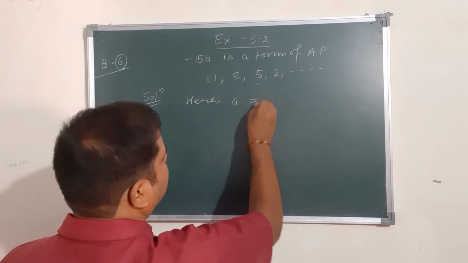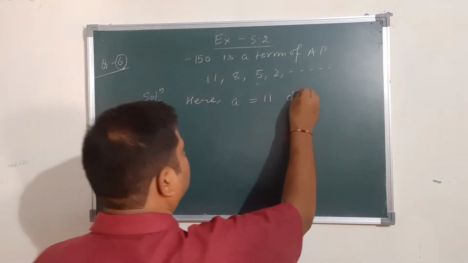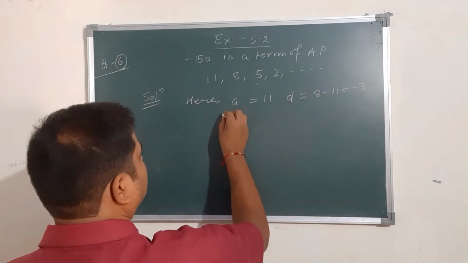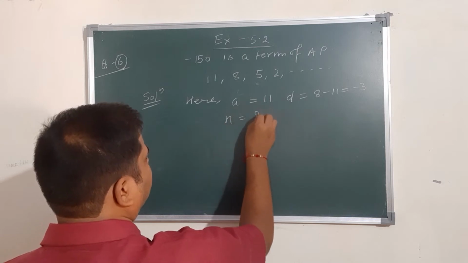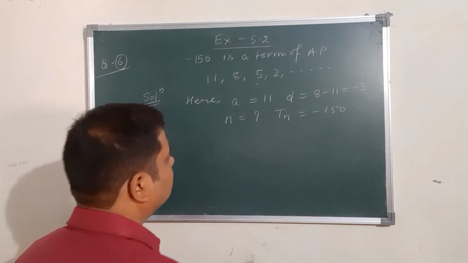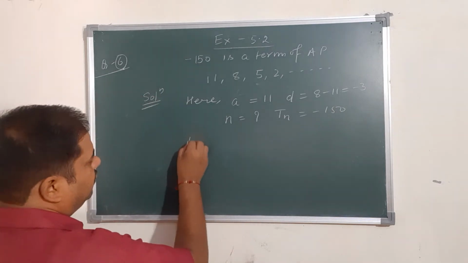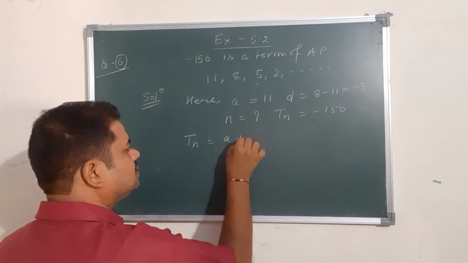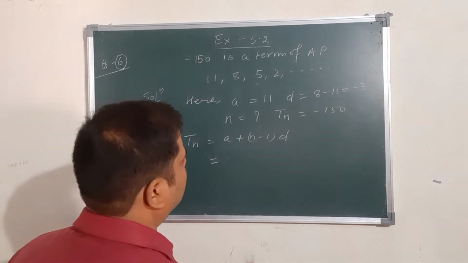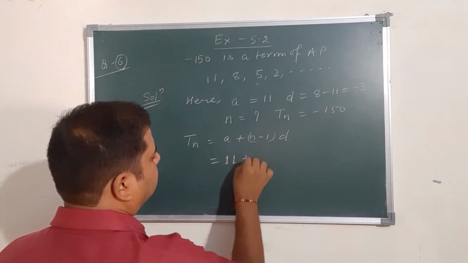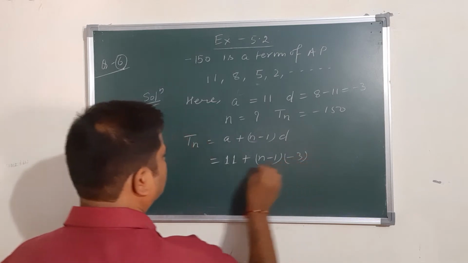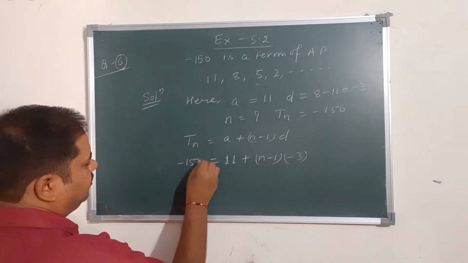A is equal to 11, D is equal to 8 minus 11, that is minus 3, and Tn is given as minus 150. So using the formula, Tn is equal to A plus (n minus 1) into D. A is nothing but 11 plus (n minus 1) into D, which is minus 3, and Tn is minus 150.